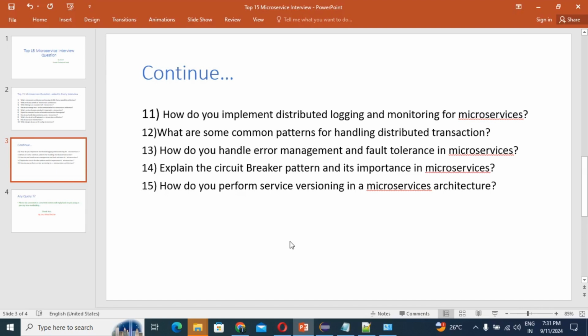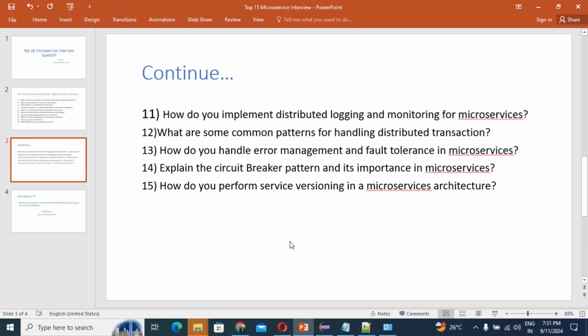Accept temporary inconsistency and ensure that services eventually reach a consistent state using asynchronous updates. So these are the three patterns for handling distributed transactions: saga pattern, two-phase commit, and eventual consistency.